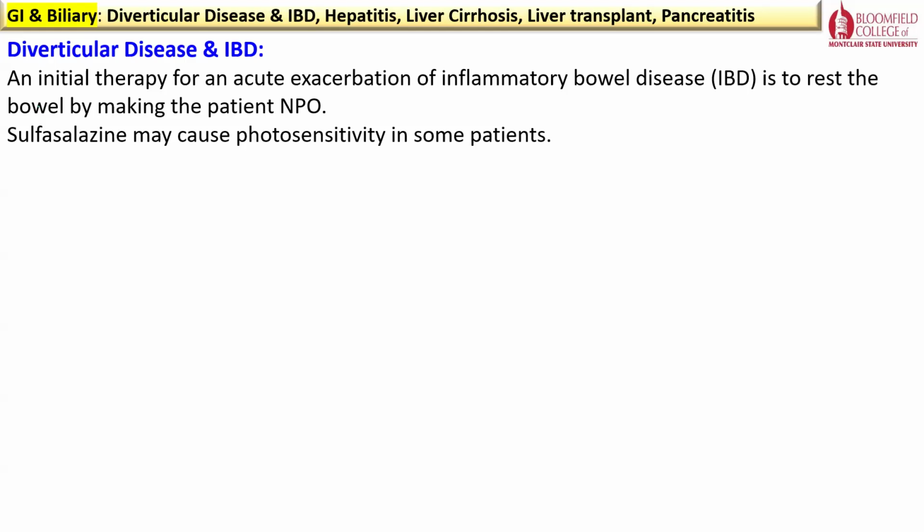And again, the most obvious and easy assessment finding is abdominal rigidity and a hard, board-like abdomen. That's a sign of peritonitis.